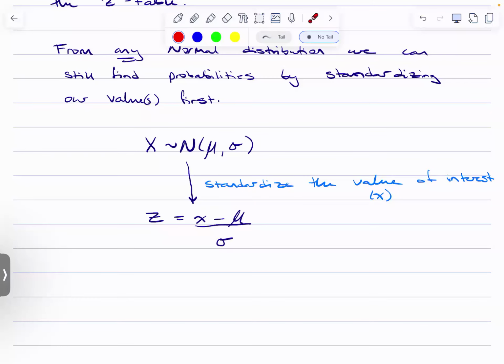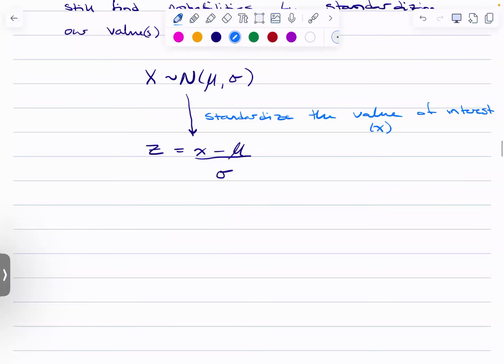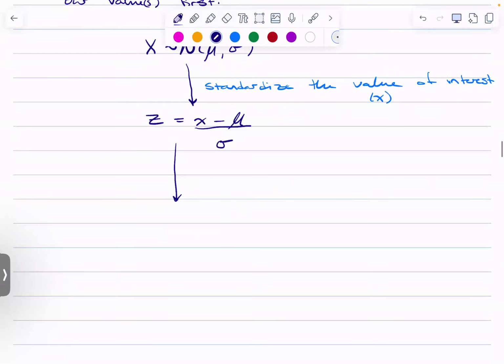Then you'll be able to find the probabilities associated with Z or X, because X has just been shrunk down onto a standardized scale.